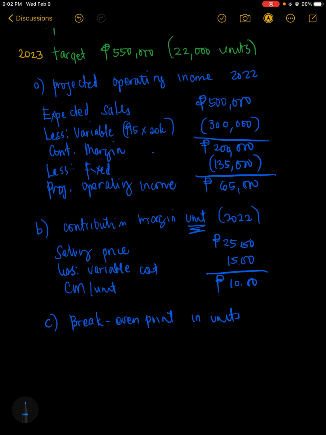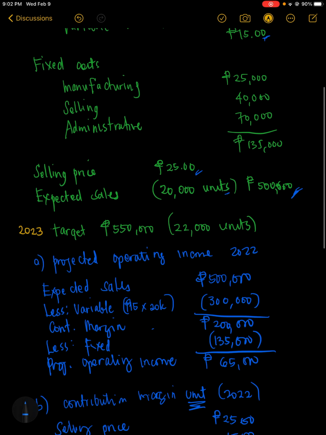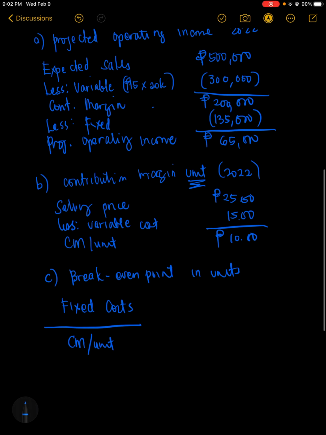No? So, pagka sinabing break-even point in units, lagi mong tatandaan na meron tayong formula dyan. Ang formula natin dyan, we will be getting our fixed cost and then divide it with the contribution margin per unit. So, base sa information na meron tayo, ang ating fixed cost, that's 135,000.